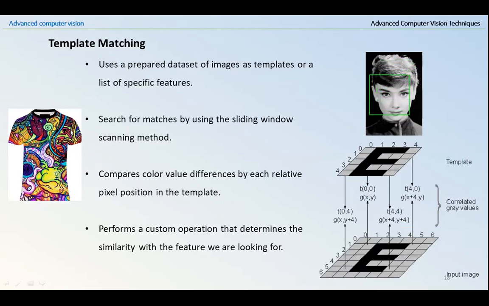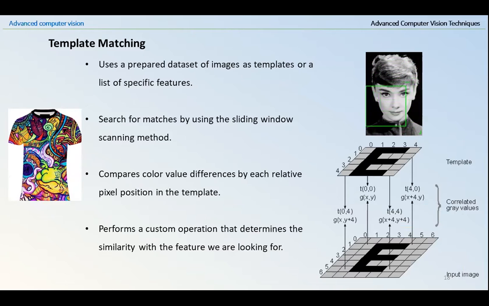Before the magic of the convolutional neural networks, there were a few methodologies to face this problem. Template matching was one. This methodology is based on creating a data set of templates, which are small images containing the object that we are looking for, and it searches for similarities along the whole image to process.